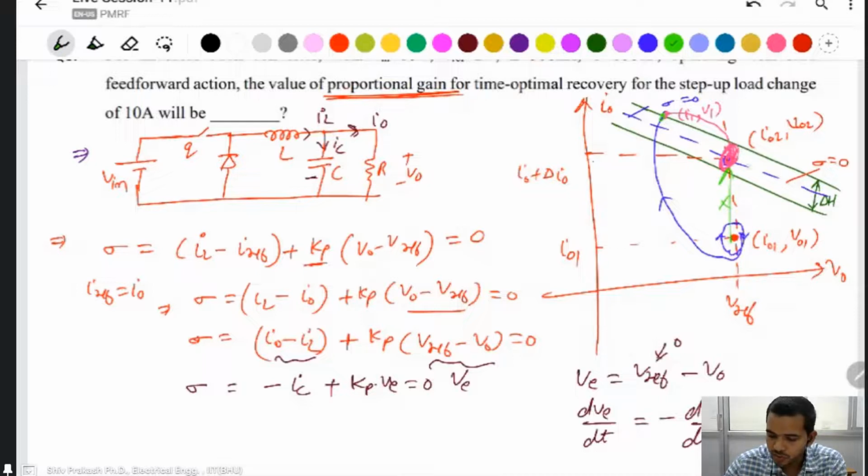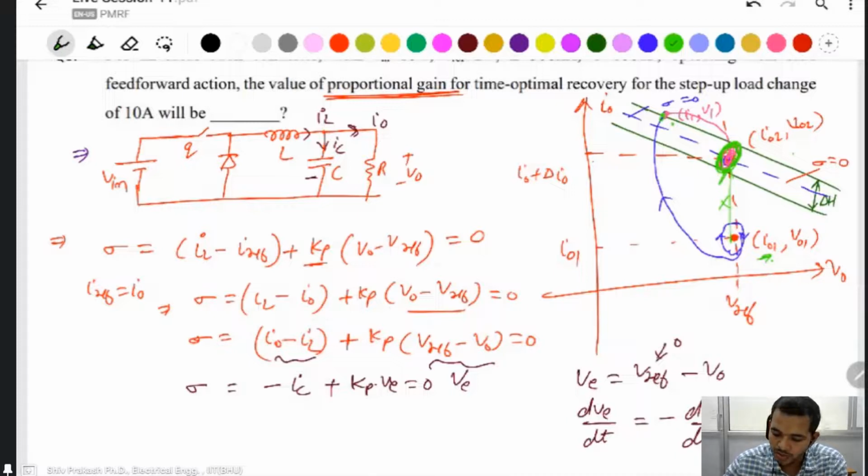After that it goes to the surface and goes into the hysteresis band and oscillates like that. The switch is on, switch is off, switch is on, switch off, like that. This one is the initial value and this one the final value for one condition, and this initial and this final for the other condition.